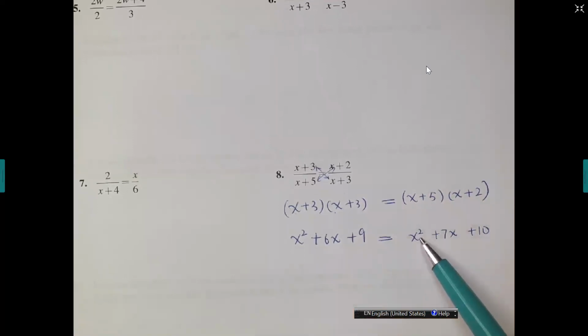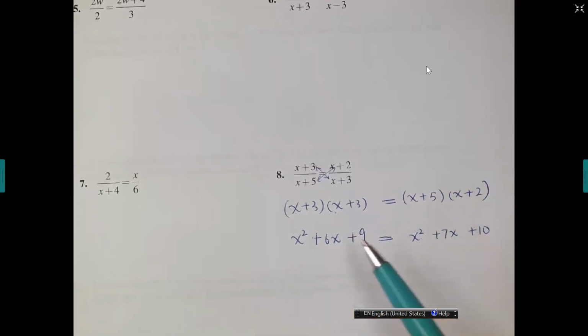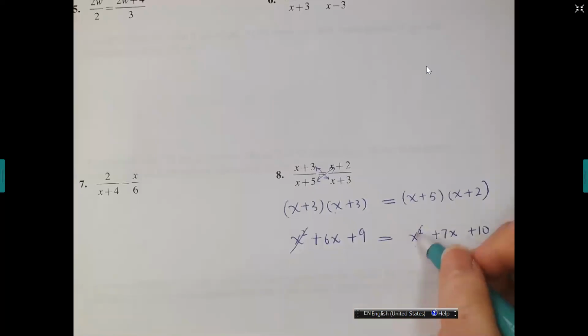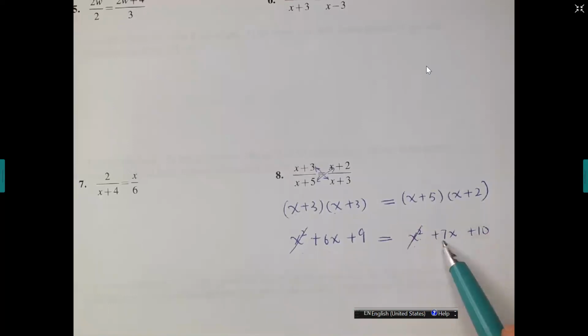When we see the square term, it looks like it is going to be a quadratic equation, but it turns out those two square terms have the same coefficient. So if you notice this, you'll see we subtract x squared on both sides, the square term is gone. What is left? We have a linear equation left.